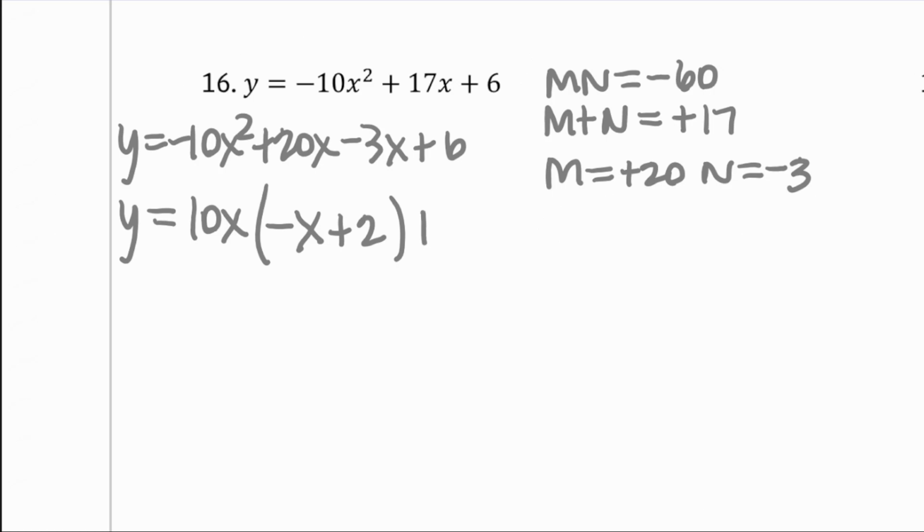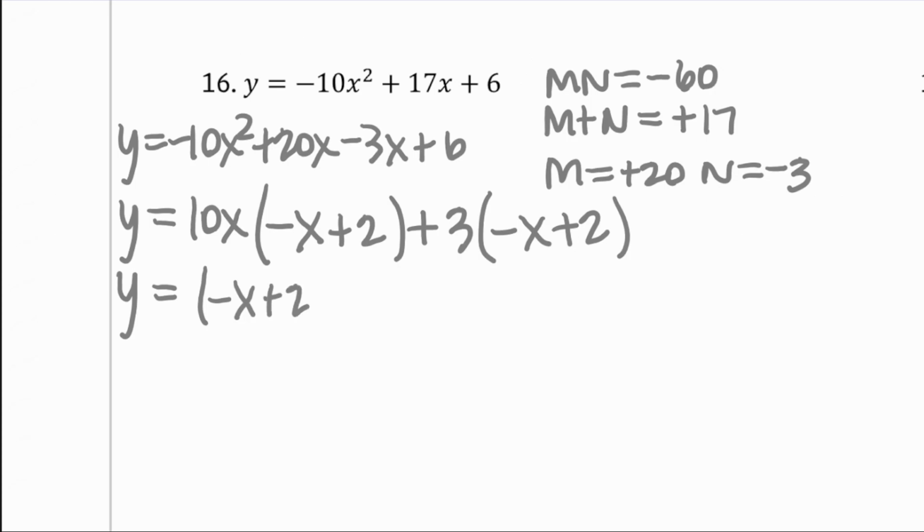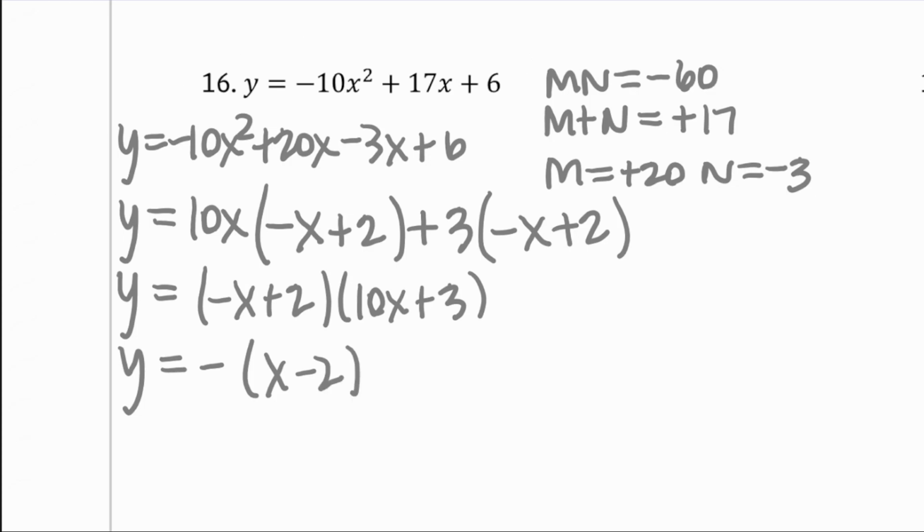Okay, so I'll have plus 3 times a negative x plus 2. Yeah. Now I can factor out the negative x plus 2. And then I might factor out the negative here and say that's the negative of x minus 2 times 10x plus 3.